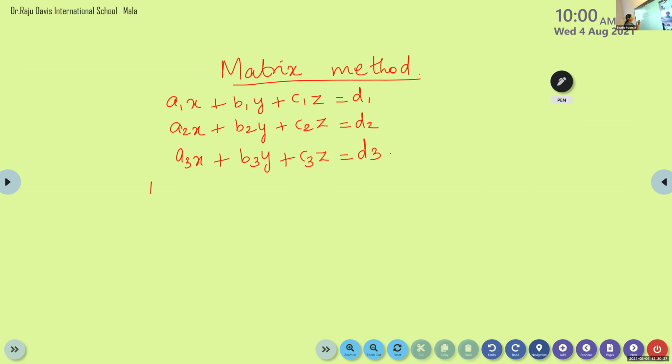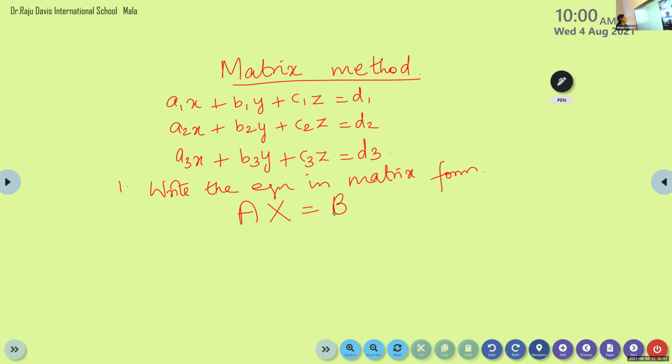First, write the equations in matrix form. We write this as AX equals B.